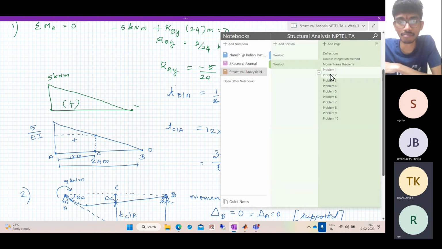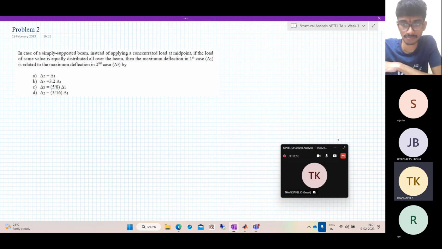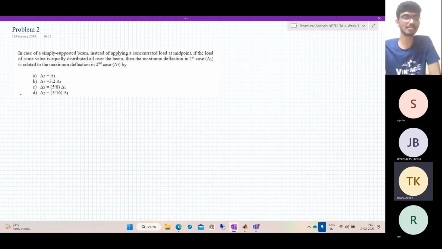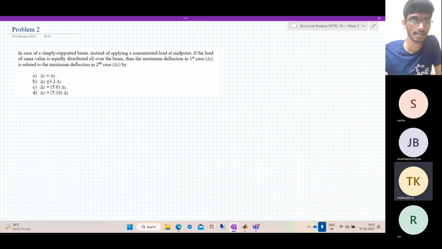Okay, let's go to the second problem. In the case of a simply supported beam, instead of applying a concentrated load at midpoint, if the load of the same value is equally distributed all over the beam, then the maximum deflection in the first case is related to the second case by what? So it is simple. What they are saying is you have a simply supported beam.